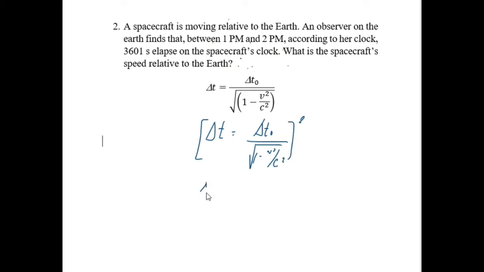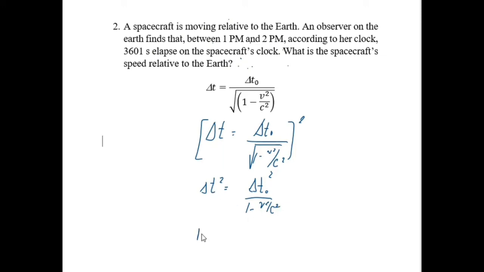So we now have delta t squared is equal to delta t naught squared. Then matatanggal na yung square root sign natin. We have 1 minus v squared over c squared.